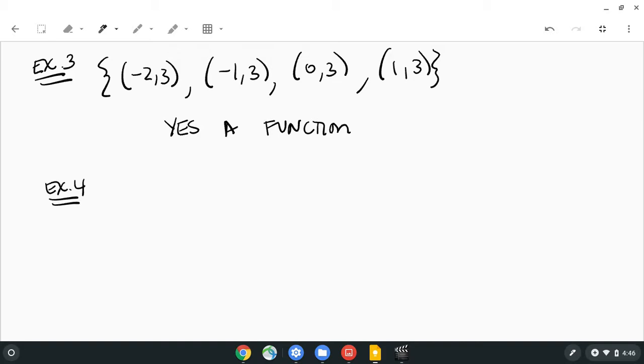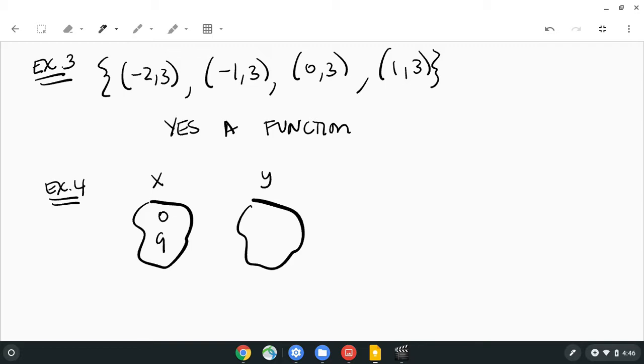All right, let's have a look at this one. Suppose that I have this number and this number here. And suppose that I have these numbers for y, 2, 3, and 4. And suppose that I have this mapping. So suppose 0 goes there, 0 goes there, and 9 goes here. Okay, so here, does this represent a function?